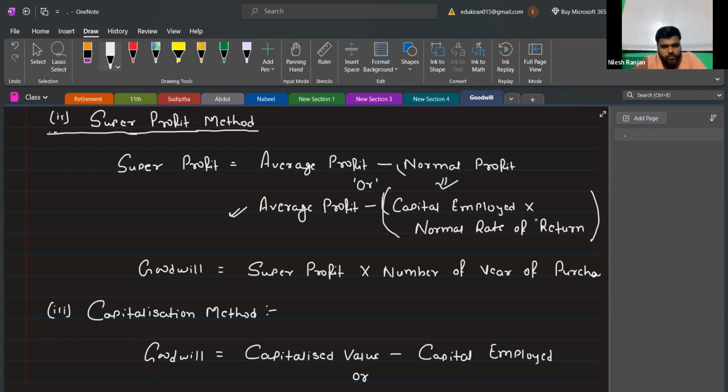Now tell me, if you are earning 30,000 per year, your normal rate of return is 10%, and you have invested 2 lakh into the business. You are earning 30,000, but how much amount should you earn by the standard of the market?